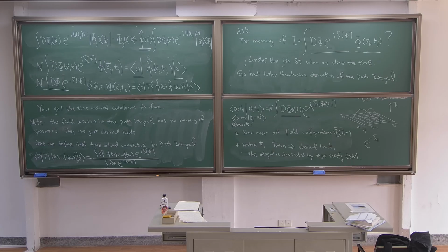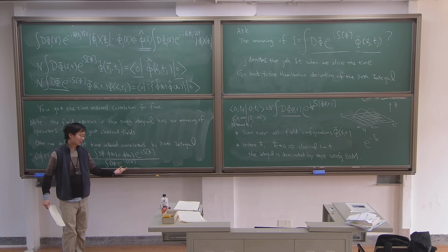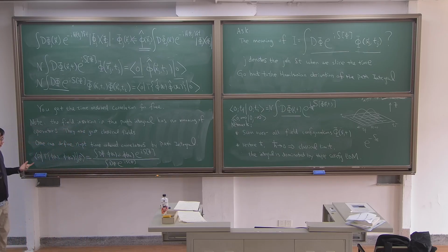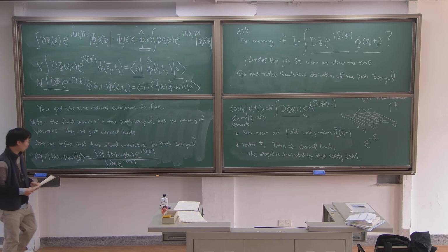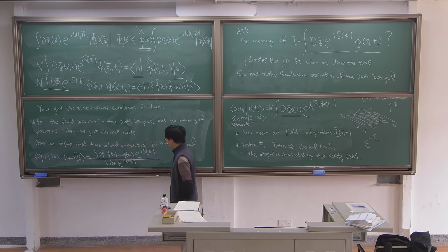So why do I choose to define the n-point function using the path integral in this way? You can immediately realize, for example, that this normalization is convenient. It's consistent with the previous relation in the Hamiltonian approach or some other generalization.